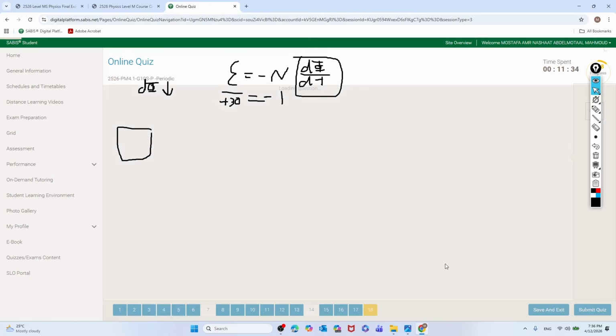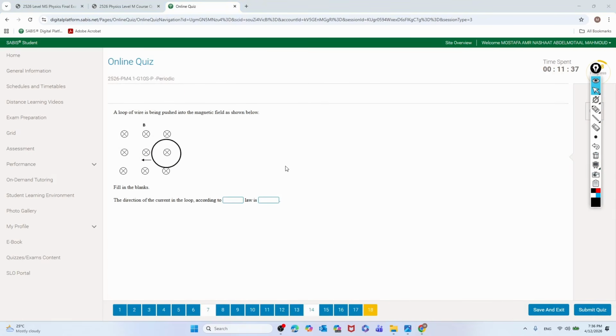Okay, this and question 18. This one. Here, you move the wire into the plane, right? So here, you would point your thumb. Here, what about delta phi? Delta phi increased, right? So the current would try to reduce the phi.